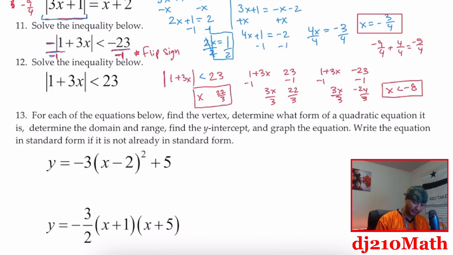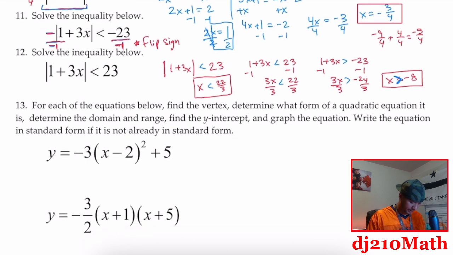So it's already positive, it's already isolated, so less than. Okay, for the other one, we have to flip the sign. So we'll make it greater than negative 23. So the signs are backwards. That's weird that they would do that, but you know, they can't outsmart us. They cannot outsmart us.